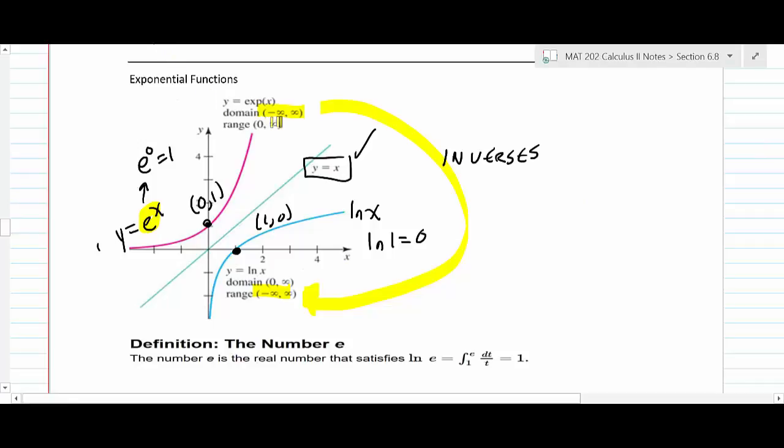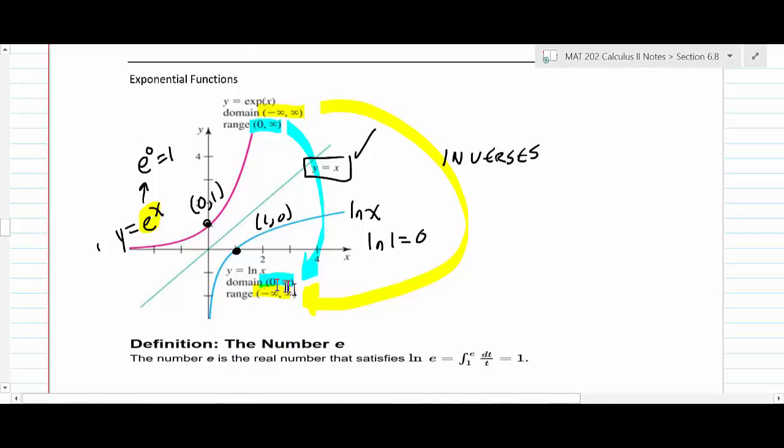The other thing I want you to notice is the range of the exponential is positive numbers. That's because if you take the number about 2.7 to any power, you get a positive. And then notice that the domain of its inverse is the same thing. So does that make sense? The domain and range flip-flop on inverses because x becomes y and y becomes x. Does that make sense? Okay.